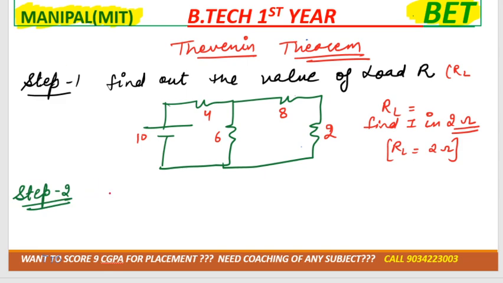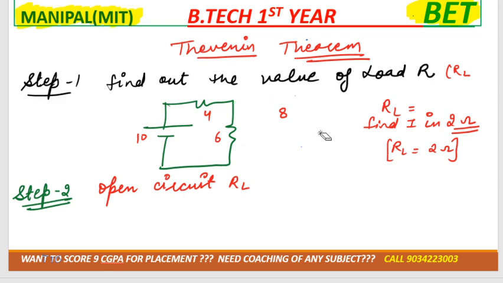Step number 1 is done. After that, step number 2, you need to open circuit RL. How will you do open circuit? Open circuit means you simply remove it. You simply remove this RL like this. This point is A and this is B. Step number 2 is also done.